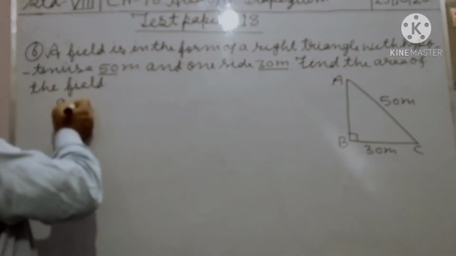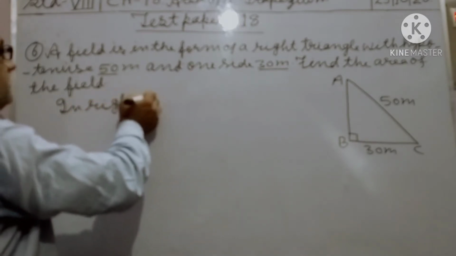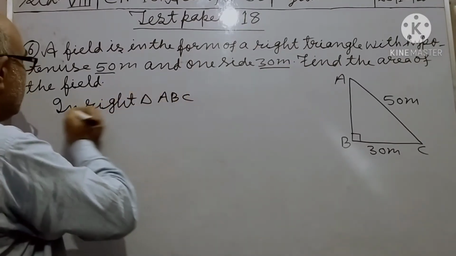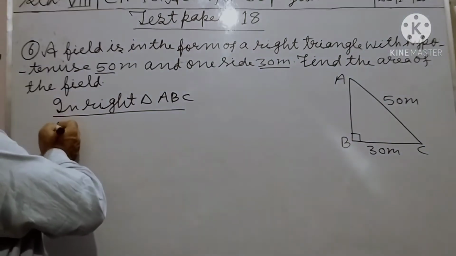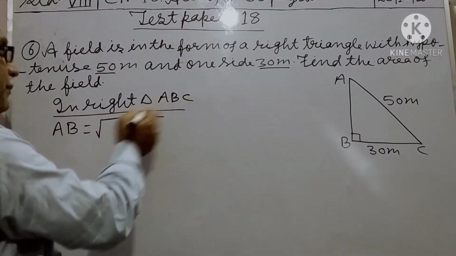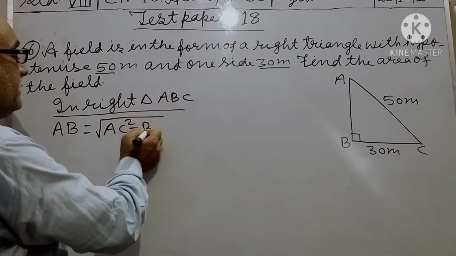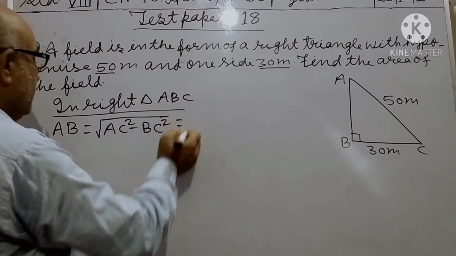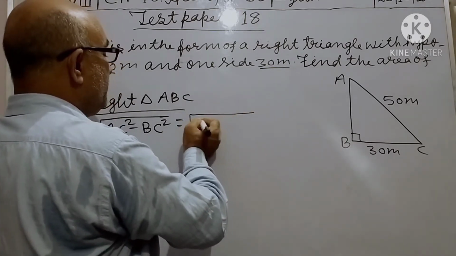in right triangle ABC. In right triangle ABC, AB equal to under root hypotenuse square AC square minus BC square equal to under root 50 square.